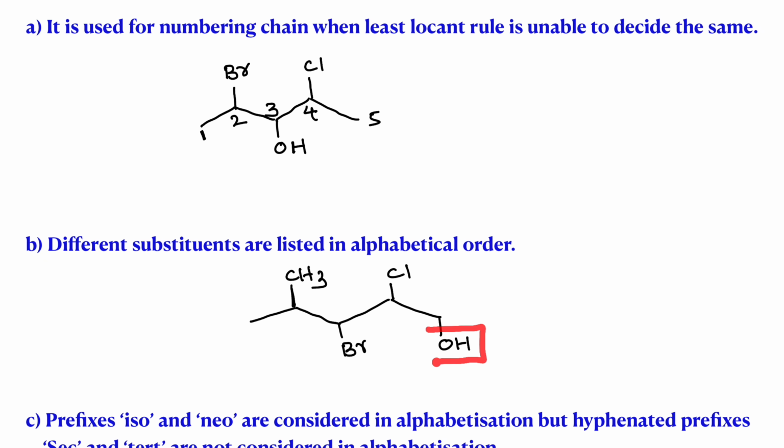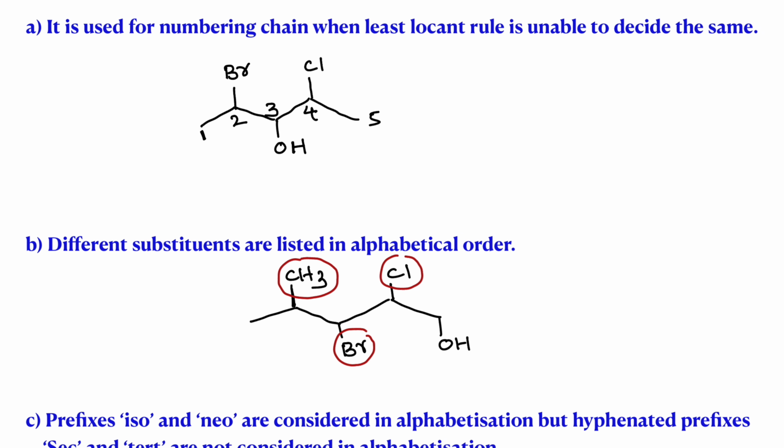No doubt OH is a functional group. This will receive first priority, numbering 1, 2, 3, 4, 5 like this. And here we have one branch, here one branch, here also one branch.